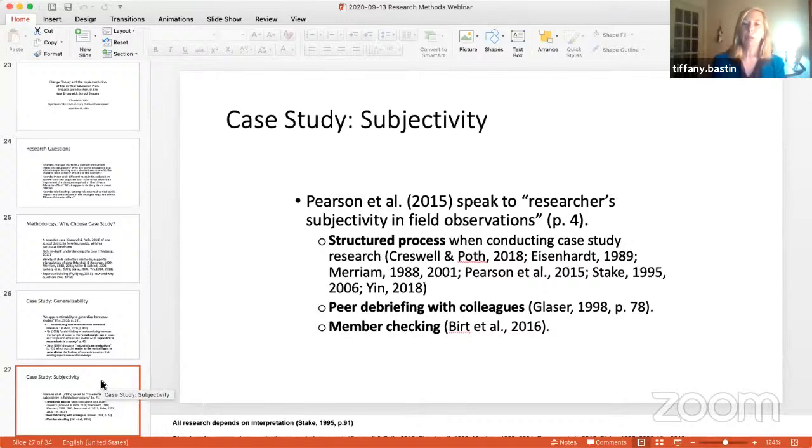The member checking piece, part of doing qualitative research in New Brunswick, is that it's critical that we build relationships with the people that are part of our research. So in my case, teachers and principals and people who work across the system were all part of providing the data for this research. And part of member checking is when all of the interviews were transcribed so we could see everything people had said.